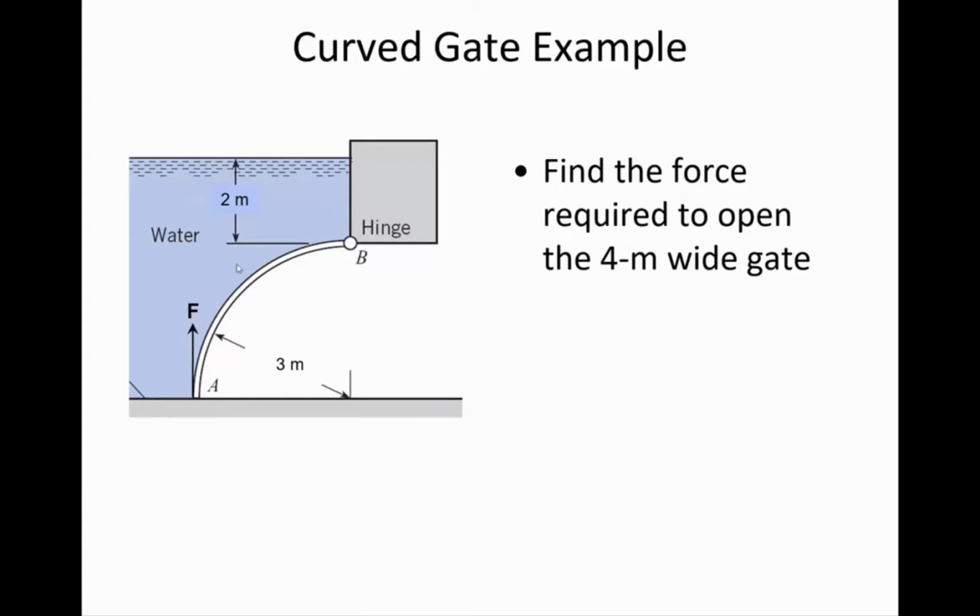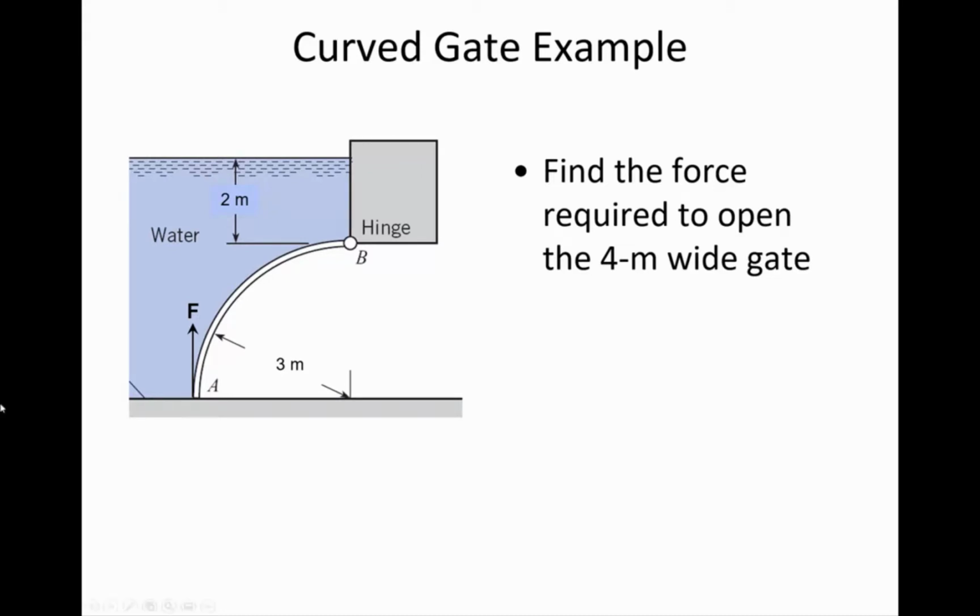There's going to be vertical forces acting down on the gate, and that's pushing on the gate in a counterclockwise manner. So that's keeping the gate closed. Also, there's the horizontal component coming in from the side, and that likewise is pushing in a counterclockwise rotation.